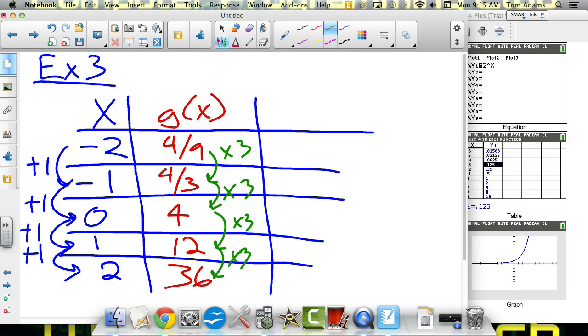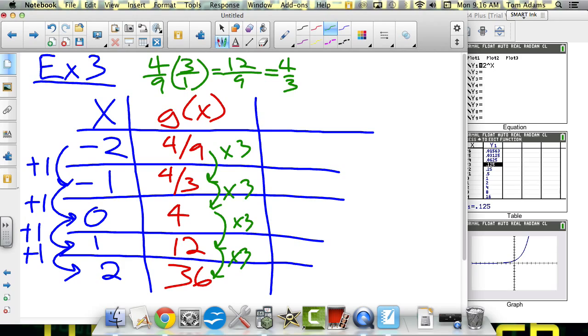The answer is yes. And if you can't, think of it like this. If I say 4/9 times 3/1, well, that becomes 12/9, which reduces down to 4/3, right? Does that make sense?